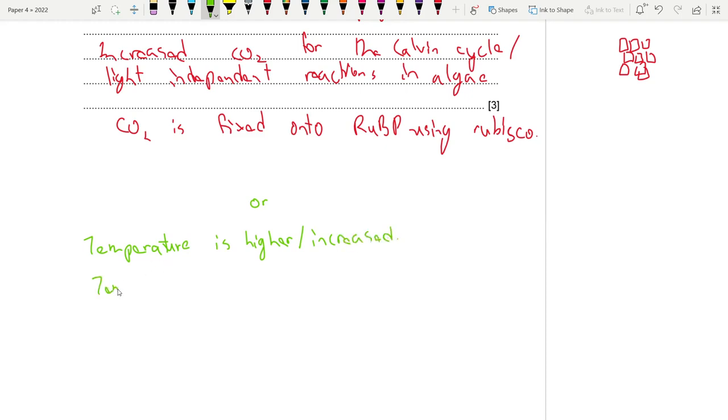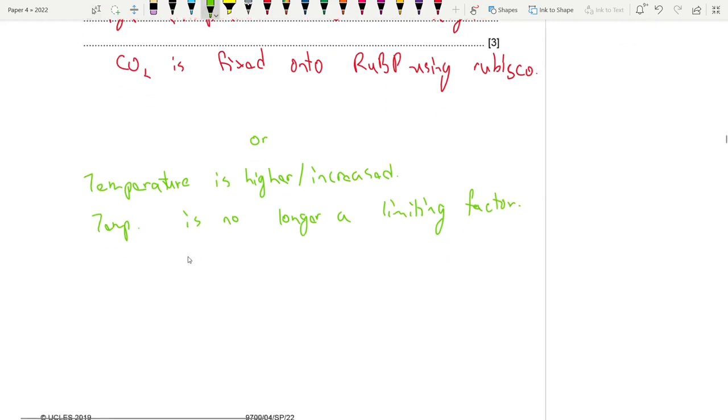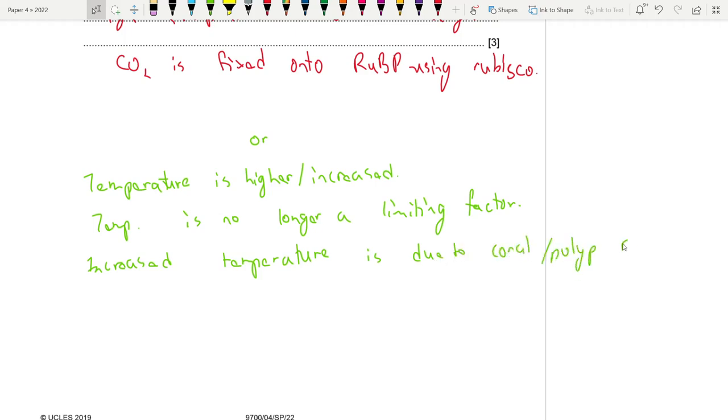So the temperature is no longer a limiting factor. So the increased temperature, where does it come from? It is due to the coral or polyp respiration, right?